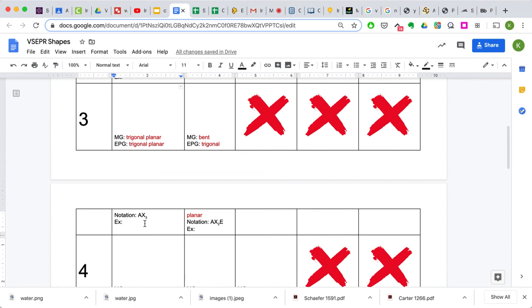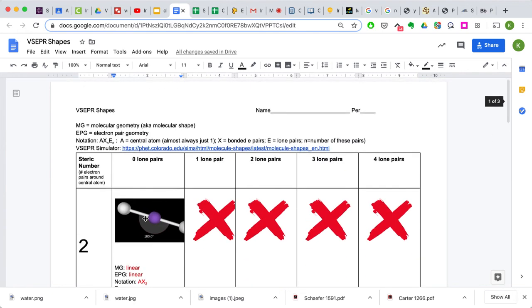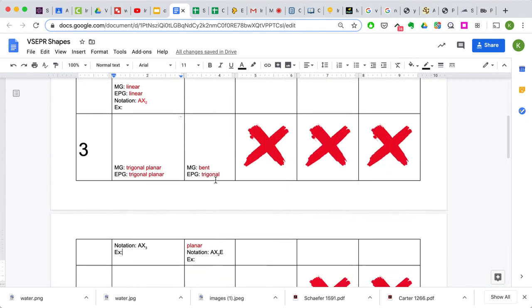Lastly, let's revisit this because the X3 here is referring to the fact that they're all bonded. X, as we go back up, means there are 3 bonded groups alone. E is when you have lone pairs.